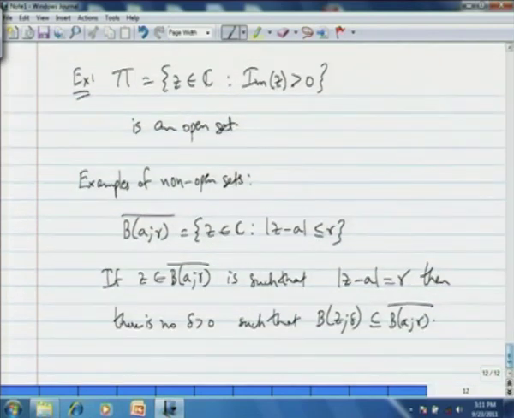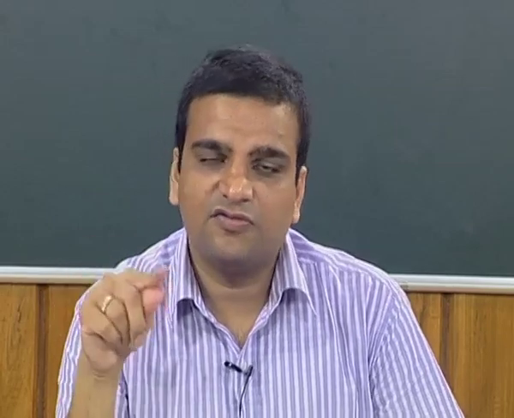That is because if you consider any point which is exactly r away from the point A, then if you draw any disk of radius delta around it, any ball of radius delta around it, there are points lying outside this ball B A r, because there are always points at a distance slightly greater than r in that B z delta for any choice of positive delta.